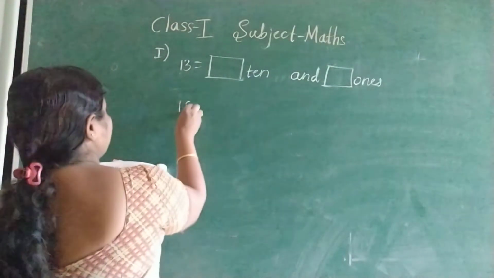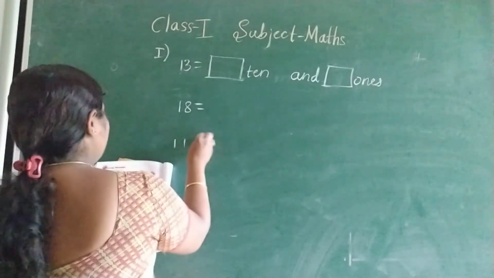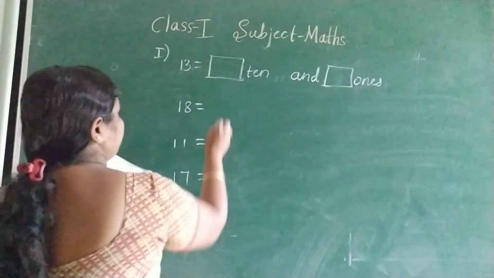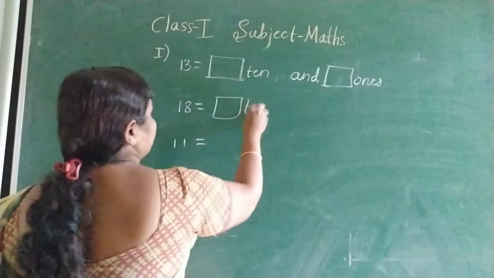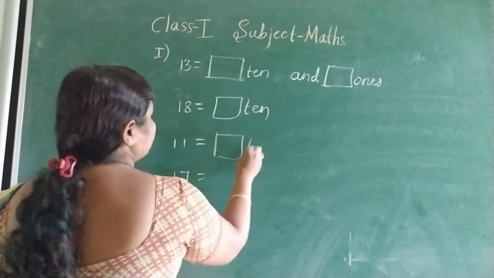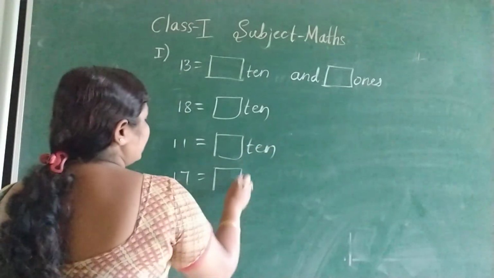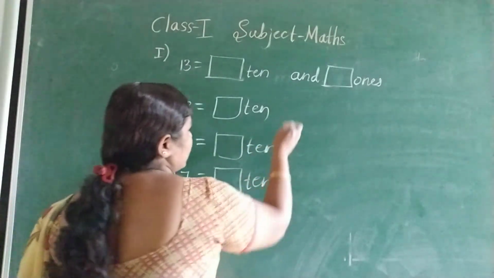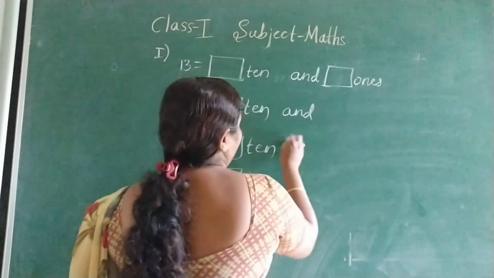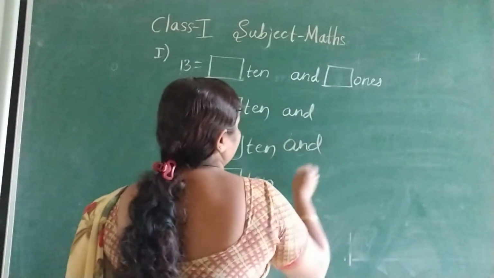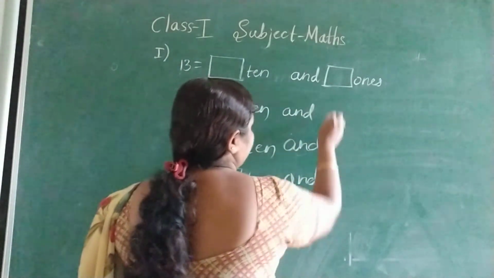18, 11, 17, 10. Now these are only 2-digit numbers. So what are all the places? Ones, tens.